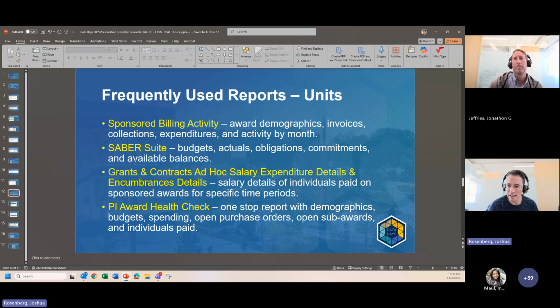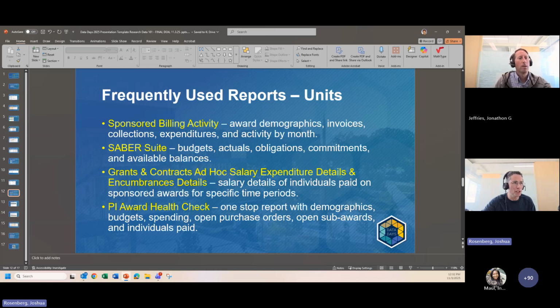Okay, I think these next few are me, and then I'll turn it over to Jonathan for the rest. So, frequently used reports in the units. These 4 categories of reports are what we recommend if you are a grant manager or a PI. I recognize not all PIs will actually go in and do this, but these are things in place to help you manage your awards.